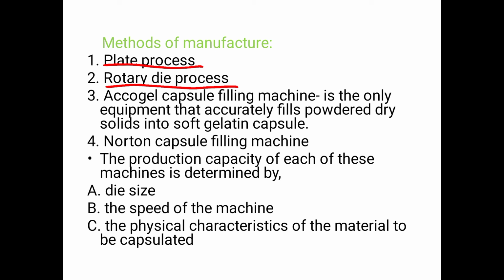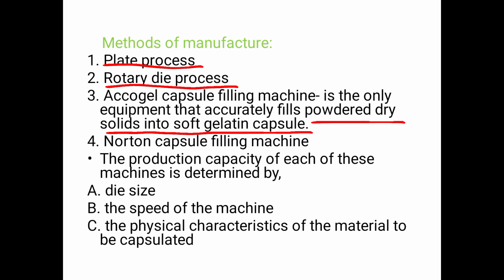This machine is the only equipment that accurately fills powdered dry solids into soft gelatin capsules. And the last one is the Norton capsule filling machine. There are four machines or equipments used for manufacturing soft gelatin capsules.